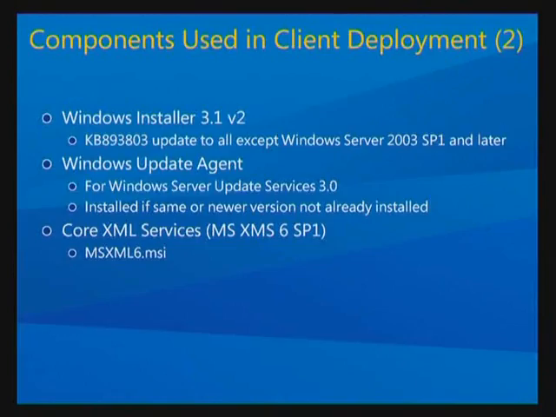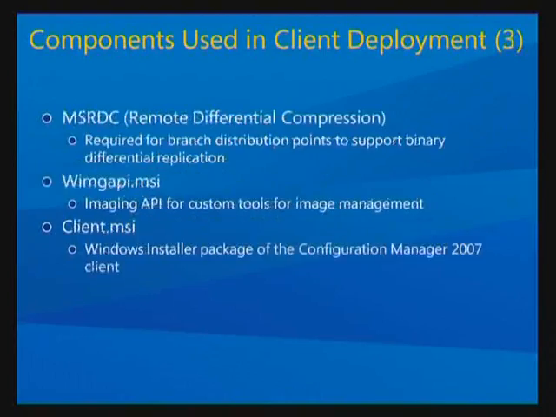And then core XML services, so MSXML 6 Service Pack 1, which is msxml6.msi. We'll go ahead and install it. That's a requirement as well. MSRDC, or the Remote Differential Compression component, is utilized for branch distribution points to allow you to do binary differential replication, or binary delta replication.